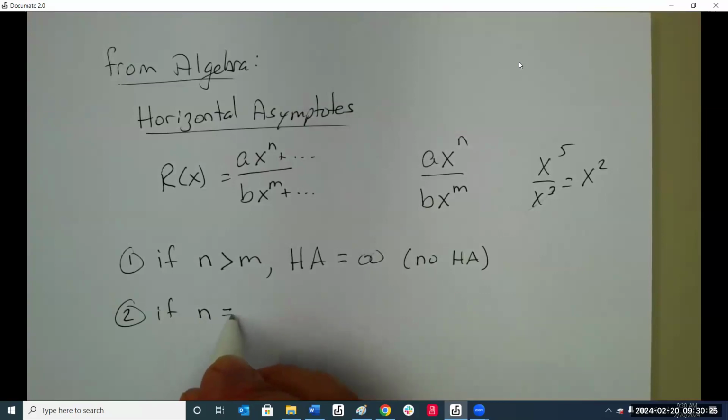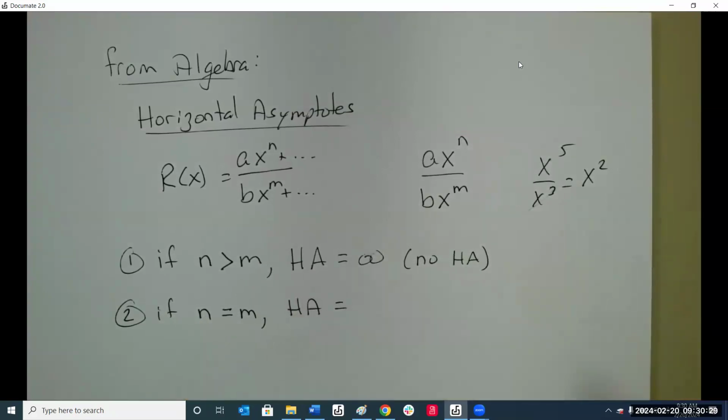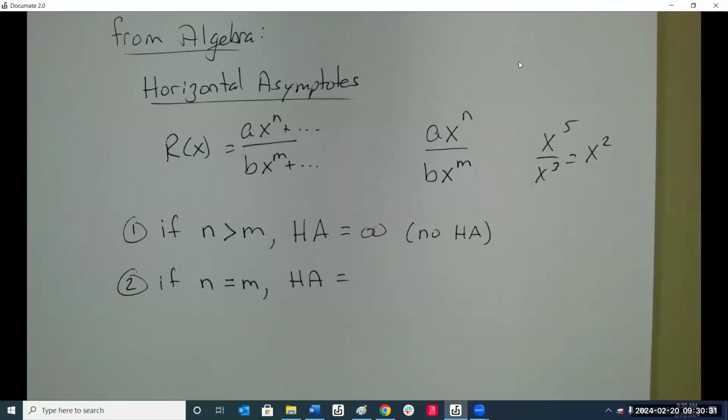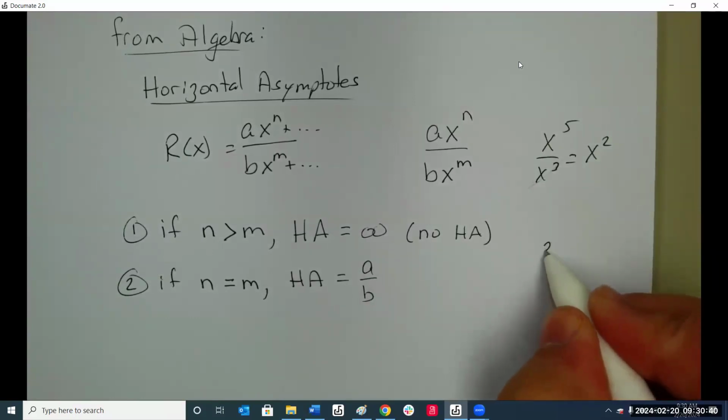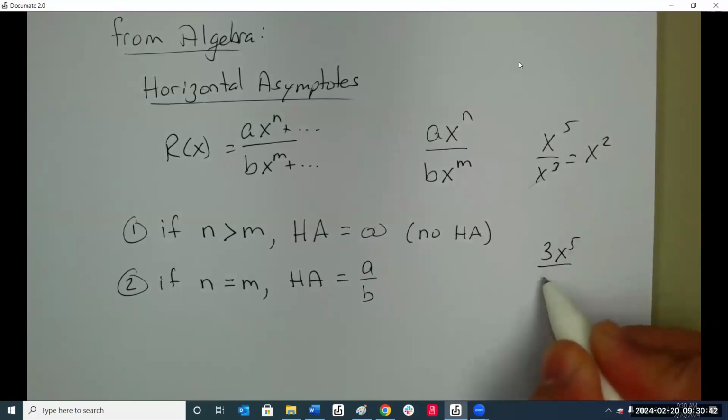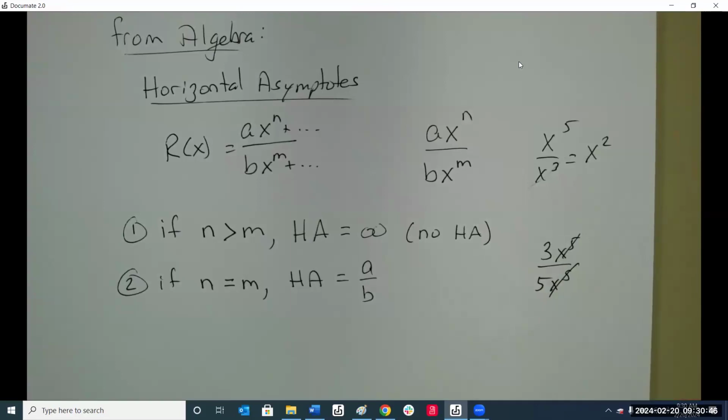If they're equal, then the horizontal asymptote is what? The coefficients. So if we had 3x to the 5th over 5x to the 5th, the x to the 5th cancel, leaving just the coefficients.